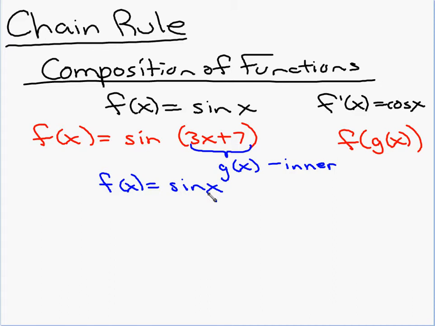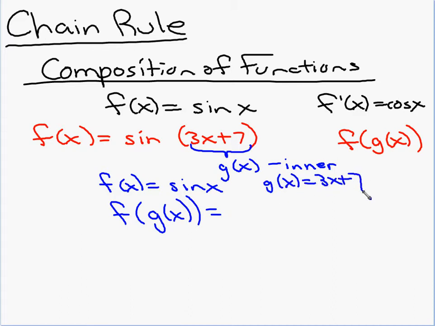So if I were to look at f of g of x, in this case, based on these two definitions, that g of x was 3x plus 7 and f of x was sine of x, then I would wind up with what I had up there, the sine of 3x plus 7. Okay? Now I went through all of that for a very important reason. Because the chain rule is defined and works completely based off of the composition of functions.